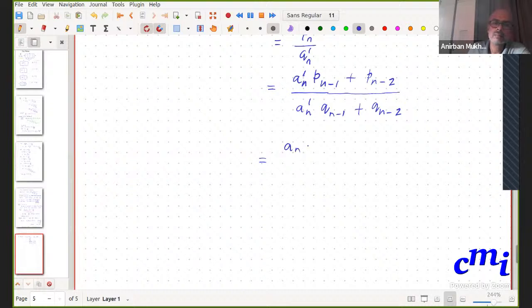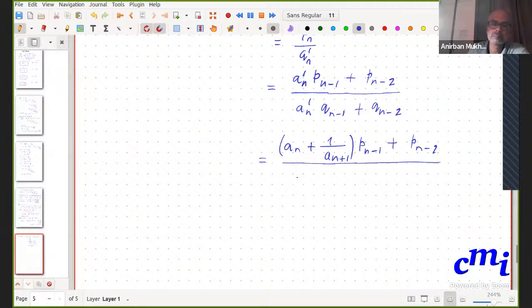So an plus 1 over an plus 1, pn minus 1 plus pn minus 2, and the exact same thing for the denominator, qn minus 1 plus qn minus 2.